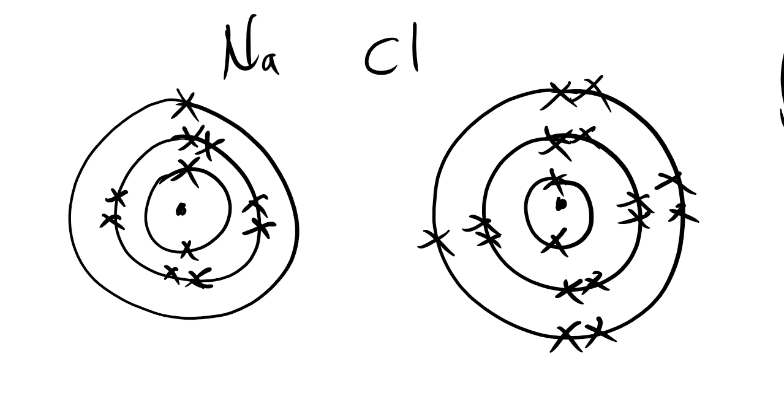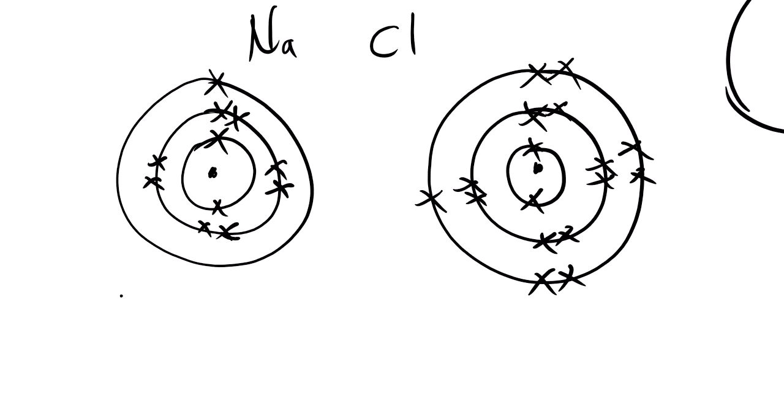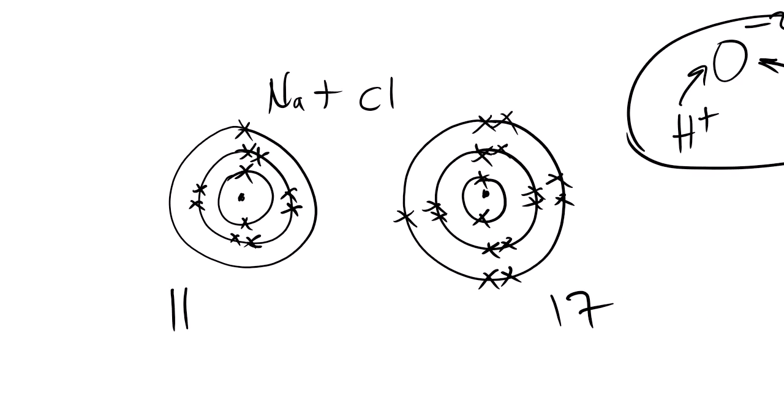So you have 17, and sodium has 11. You have 17 electrons, and in this case, all of them are neutral. That means the number of electrons balances the number of protons in the nucleus. So you have balance.